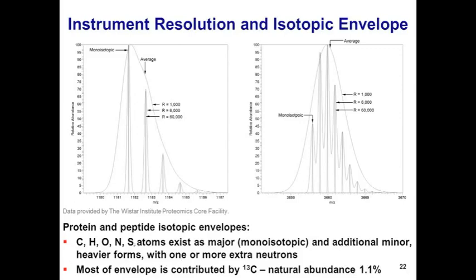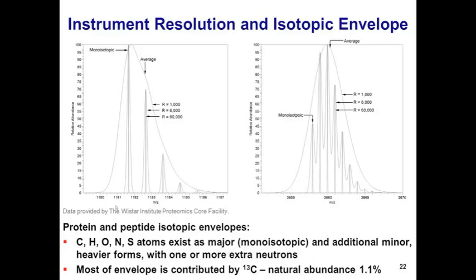Of these atoms that are the major components of the backbone of proteins, most of this isotopic envelope is contributed by C13, which has a natural abundance of 1.1%. And so, if we have high resolution, as indicated by the very sharp peaks, we will see 1, 2, 3, 4, 5 peaks.